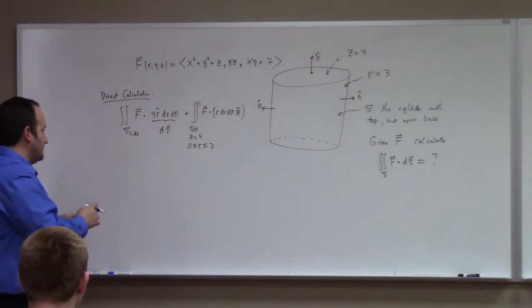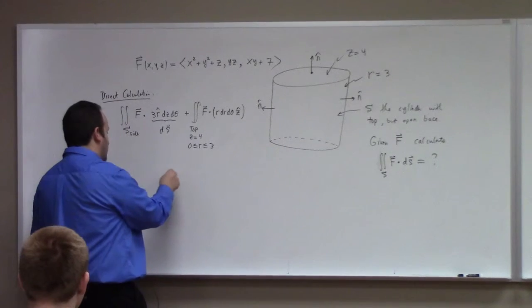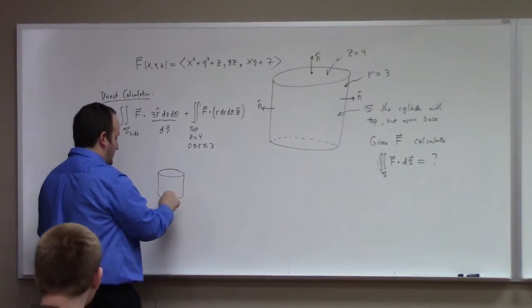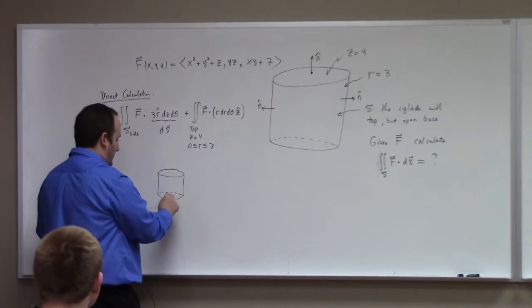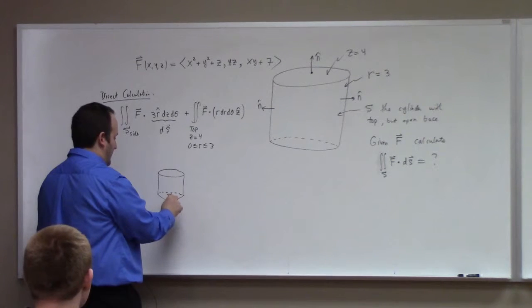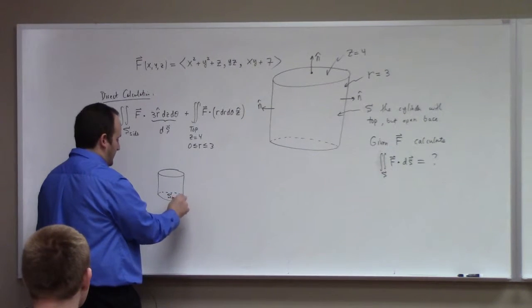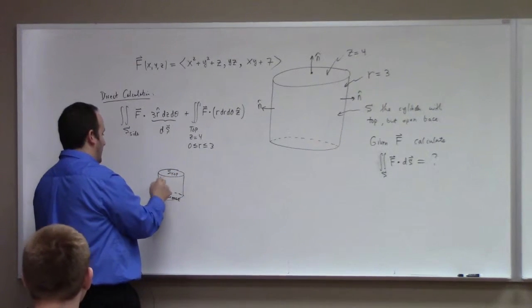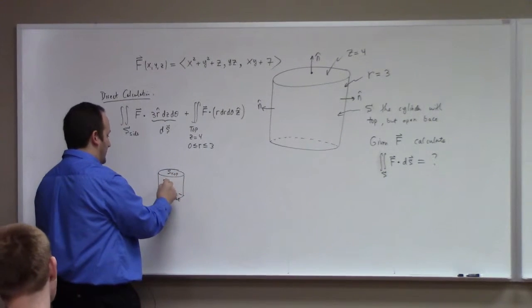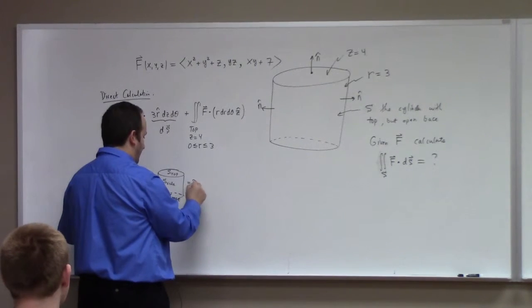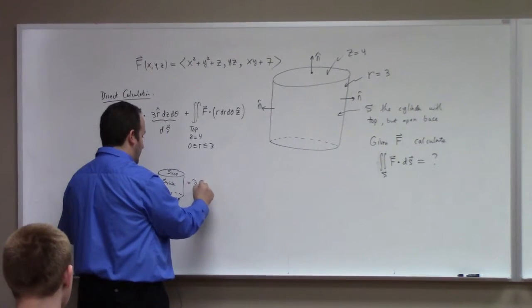Well, here's the idea. If you look at the whole cylinder and close the bottom, let's call this the base, or the bottom, and here's the top, and this is the side. Of course, that's the boundary of the solid cylinder.